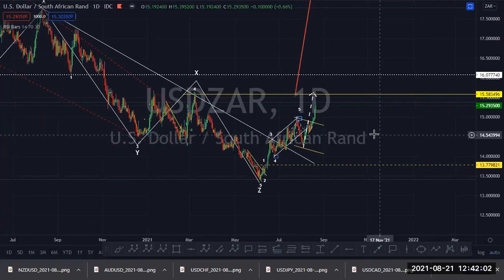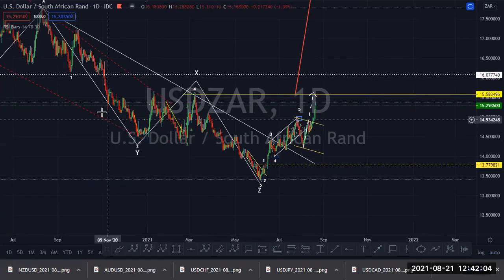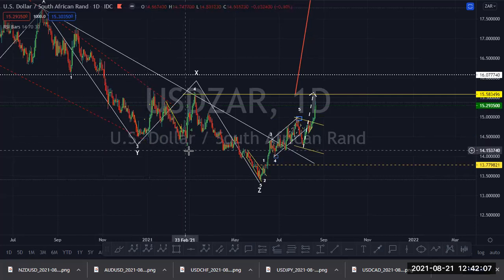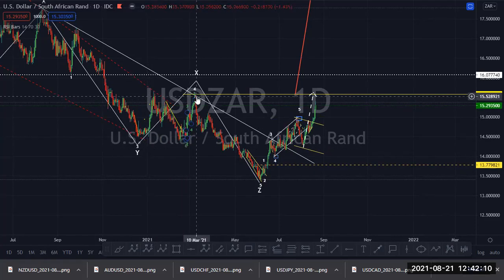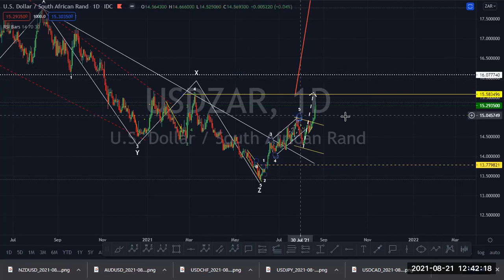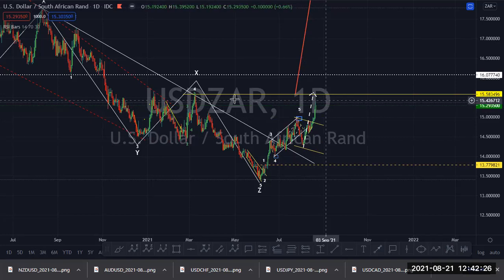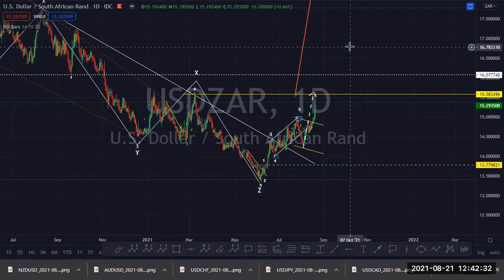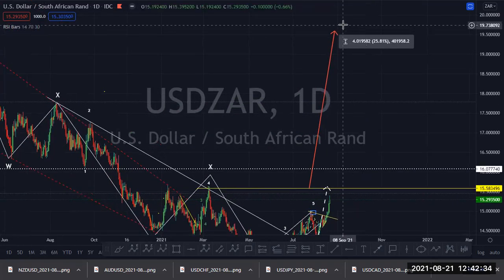I expected it to begin to go up from here, because this seems to be an ending diagonal. When this happened, I expected an A, B, C, but instead it keeps going down. Now it seems it finally wants to go up. What do you expect? Once this strong move continues above this level, then expect it to go to $20. That's what I expect, maybe in the next 2 months.